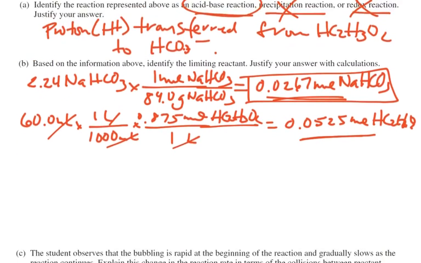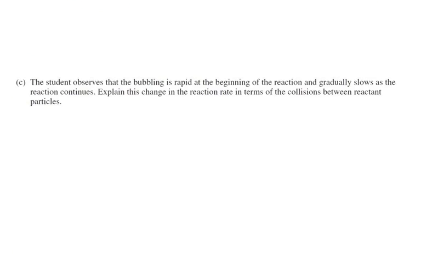Okay, so for part C, it says a student observes that the bubbling is rapid at the beginning of the reaction and gradually slows as the reaction continues. Explain this change in the reaction rate in terms of collisions between the reactant particles. So as the reaction goes on, the number of reactant particles is going to go down because it gets turned into products.